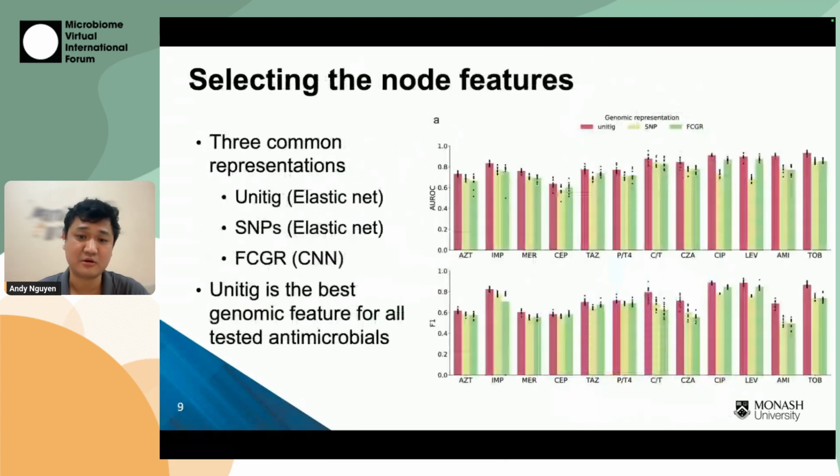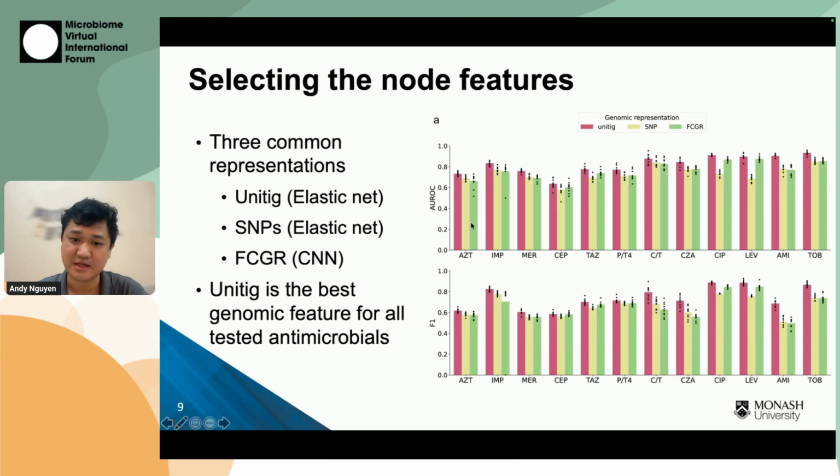So first is selecting the node features. As I mentioned before, we are using unitigs, SNP, and frequency chaos game representations. We also tried different kinds of models for different genomic representations: ElasticNet for unitigs and SNP, and for frequency chaos game representations, we use convolutional neural networks. This is because this representation is more like an image, and convolutional neural networks are very suitable for image data.